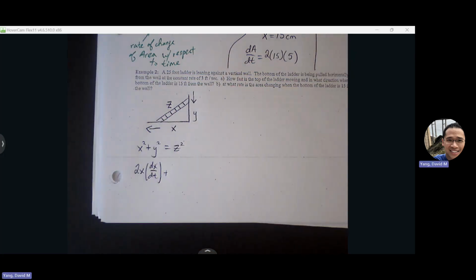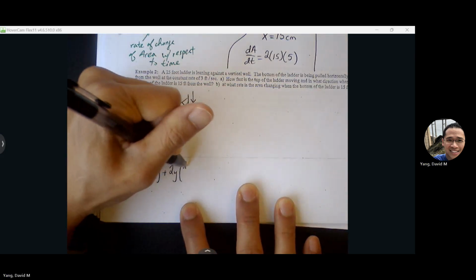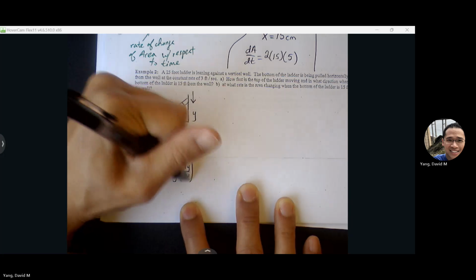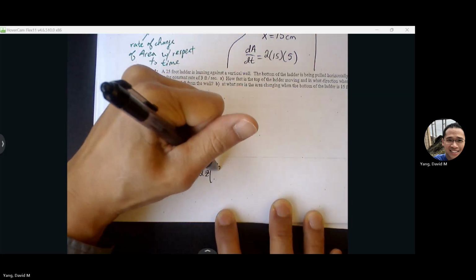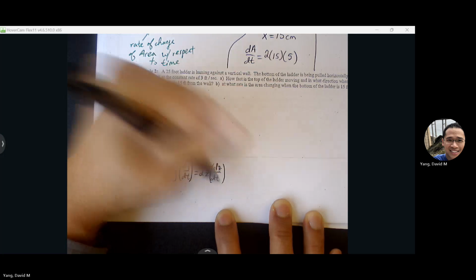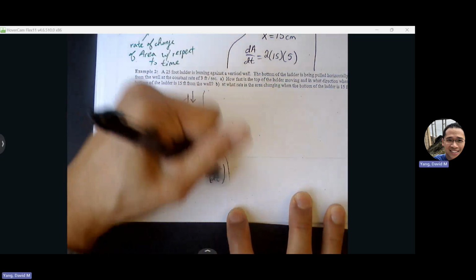Okay. We go down the line. Every variable, power rule, and then we attach a d over dt for that variable. We have 6 variables in front of us.